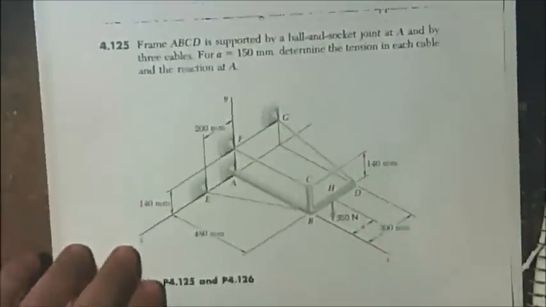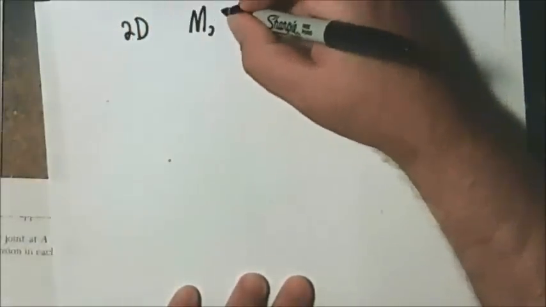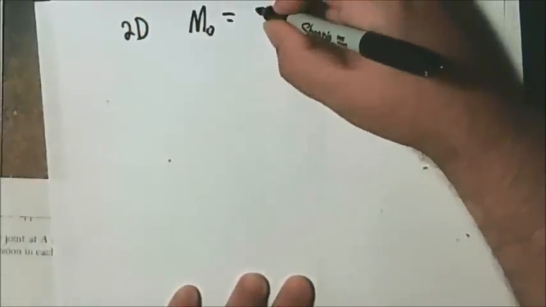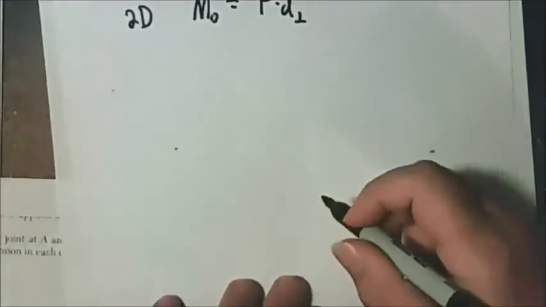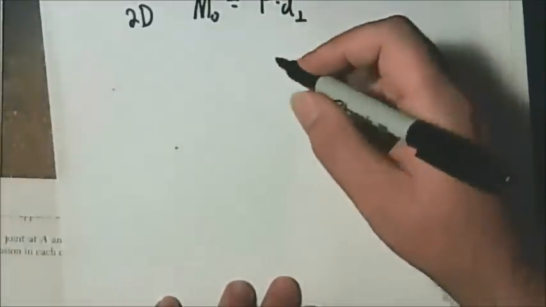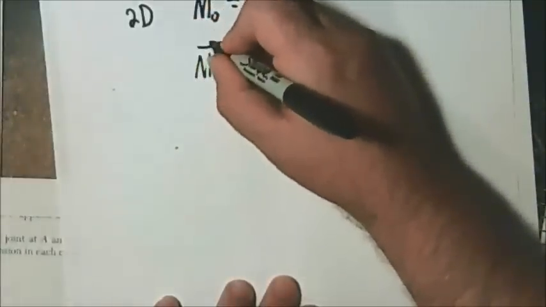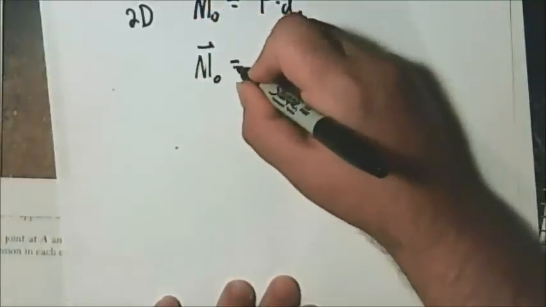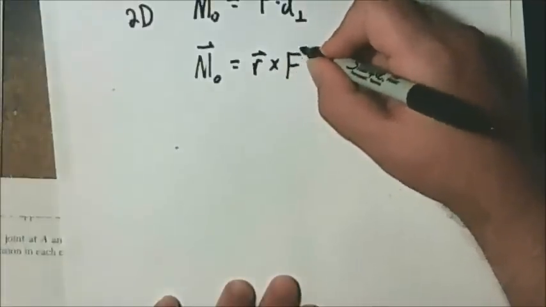So normally in 2D we have the moment of a point equals a force times a perpendicular distance. And then in 3D, the moment of a point is the position vector cross the force vector.